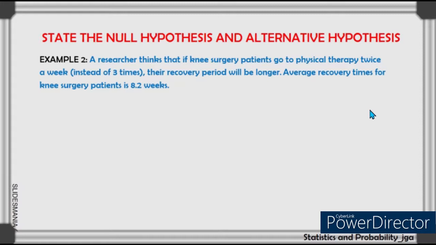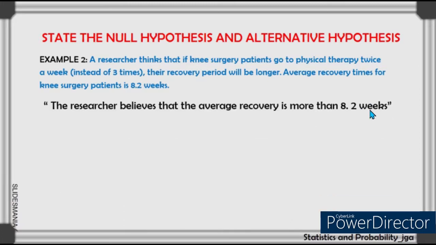So the hypothesis in this statement is that the researcher believes that the average recovery is more than 8.2 weeks. Okay, so yung keyword natin dito is "more than". So "more than" is an alternate hypothesis. So ganyan po yung mathematical term natin.